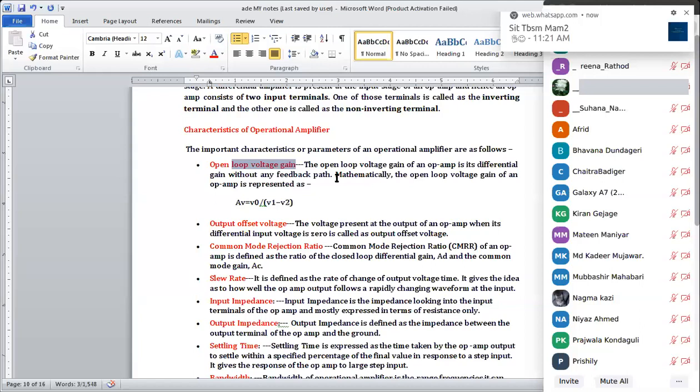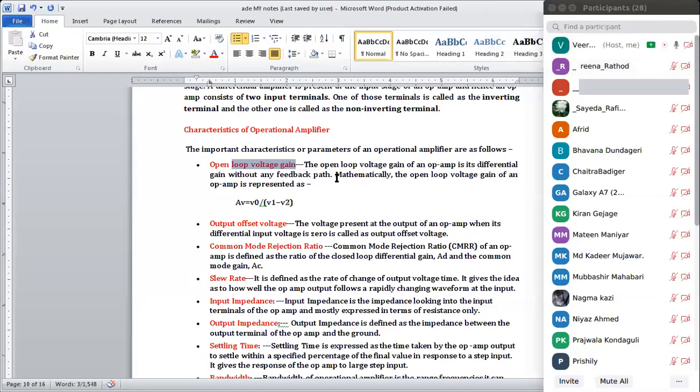That circuit is called open loop. So whenever this op-amp is operating, how much voltage is gained is represented by AV. AV is the open loop voltage gain.